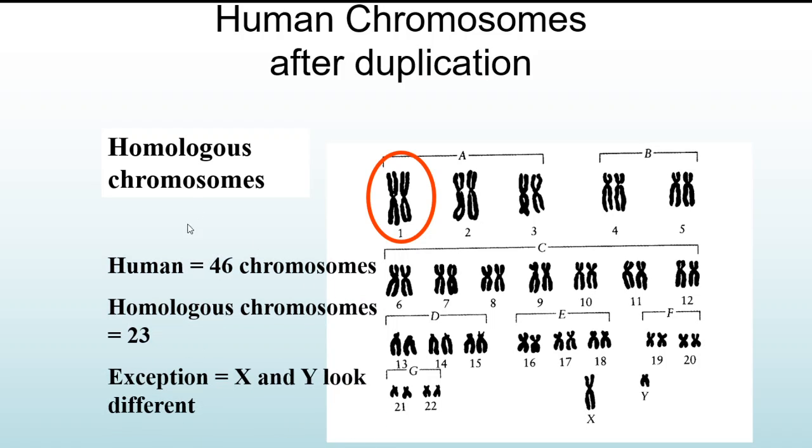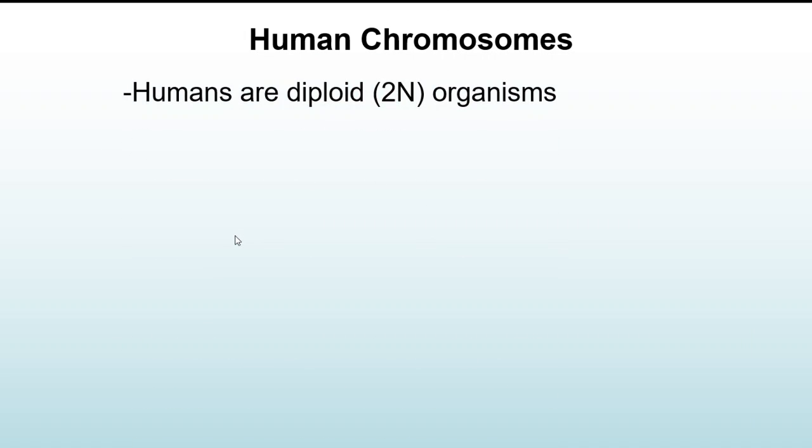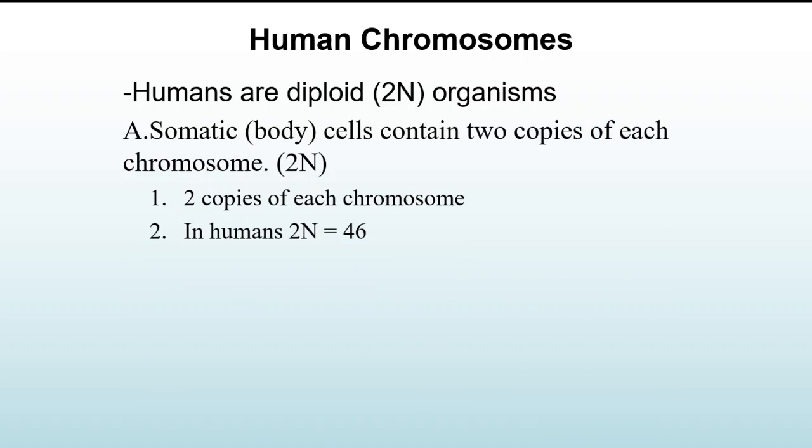Humans have 46 chromosomes. We have 23 pairs of homologous chromosomes. The exception is X and Y, which look super different than the rest of them. So humans, again, are diploid. They are 2N.